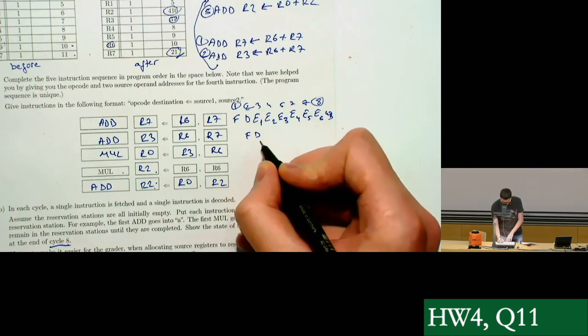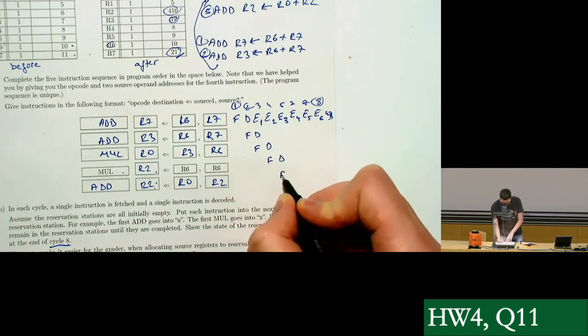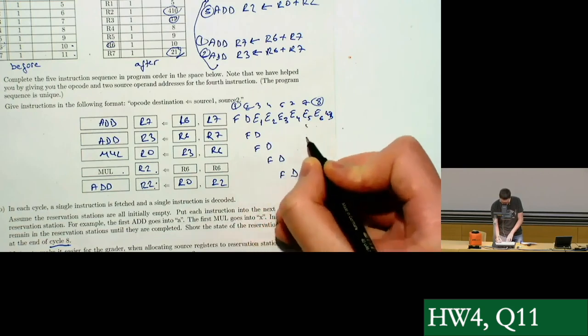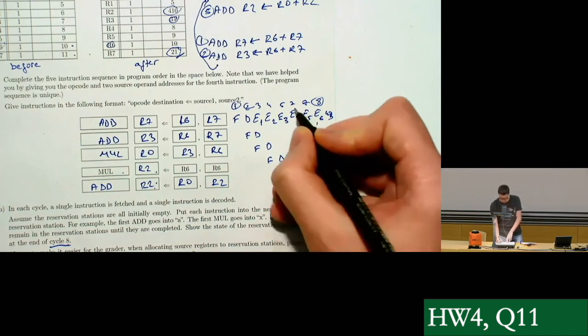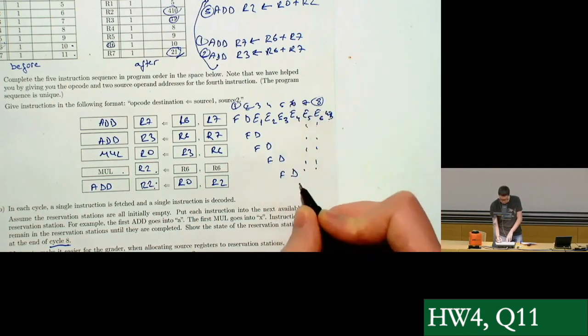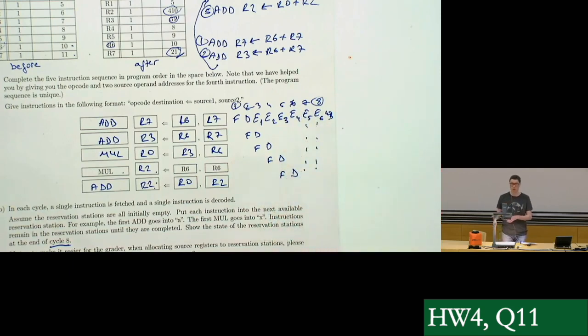So we can fetch and decode the second instruction, the third, the fourth, and the last instruction, right? Somewhere here at the end of cycle 6, we have all the instructions decoded, right? So we fill them to the reservation stations.